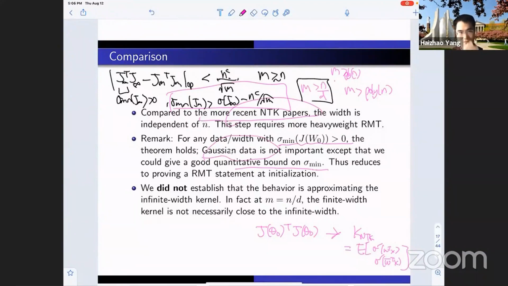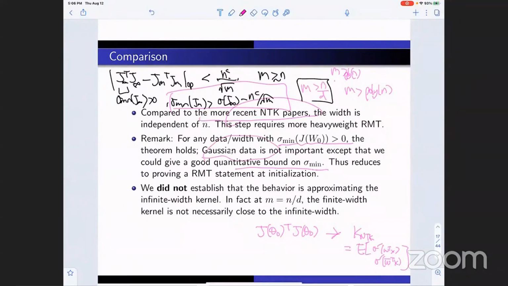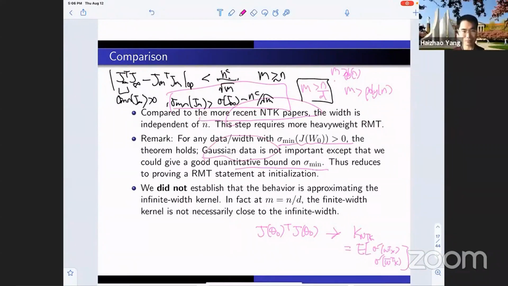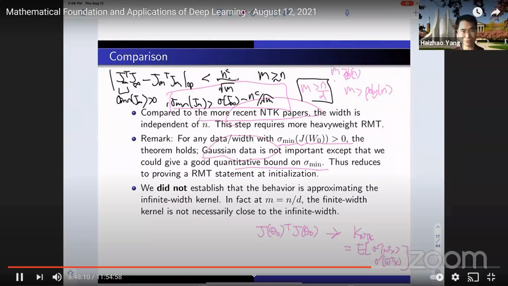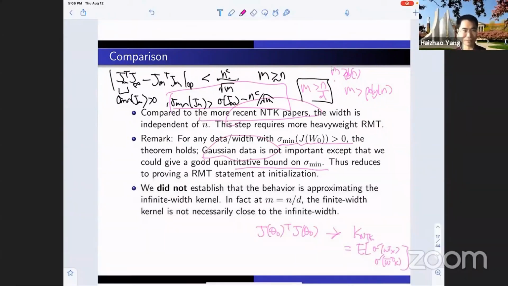Because the Gaussian randomness is the crucial assumption in proving the sigma min is positive, and I think the key to proving global convergence is to prove that sigma min is always positive, as you mentioned in your talk. So is it possible to analyze propagation of the randomness around the iteration to prove that sigma min is positive without linearization?